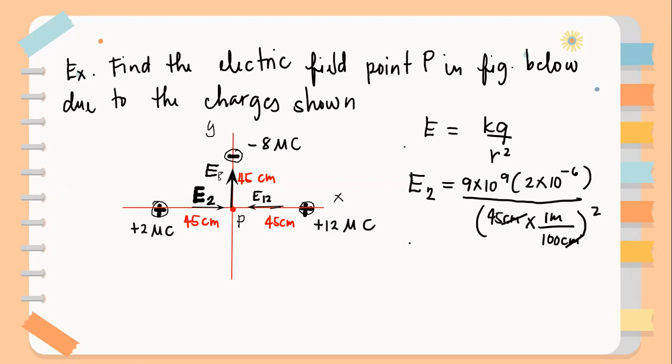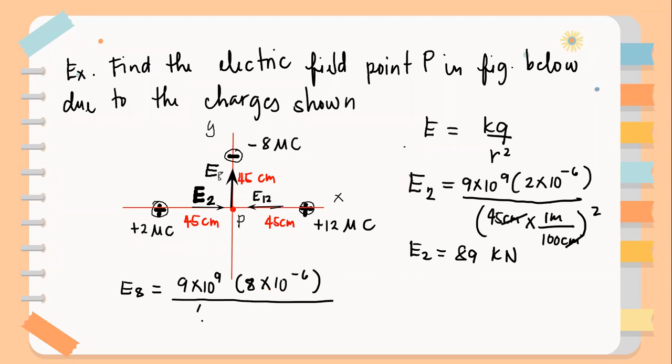Cancel, cancel. E2 is equal to 89 kilonewtons. Then for E8, E8 is equal to 9 times 10 to the 9 times 8 times 10 to the negative 6 over R squared, that is 45 centimeter times 1 meter over 100 centimeter squared.